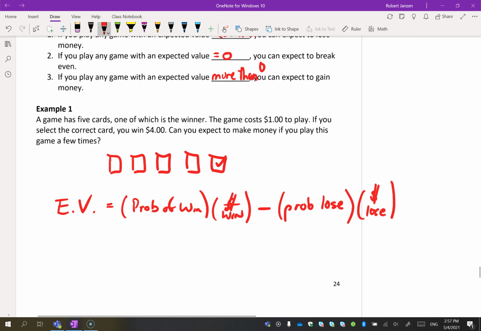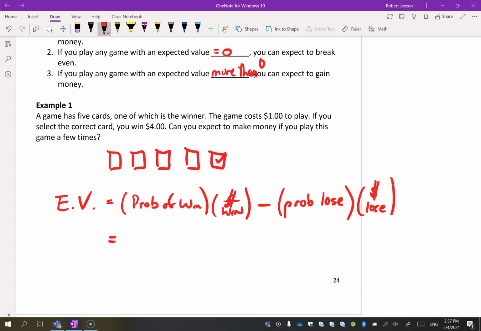So let's fill in the blanks. What is the probability of winning here? Well, there is one favorable outcome, so the probability of winning is 1 out of 5. How much do you win? Now some of you are saying 4. It's not. It's $3. Why is it only 3?